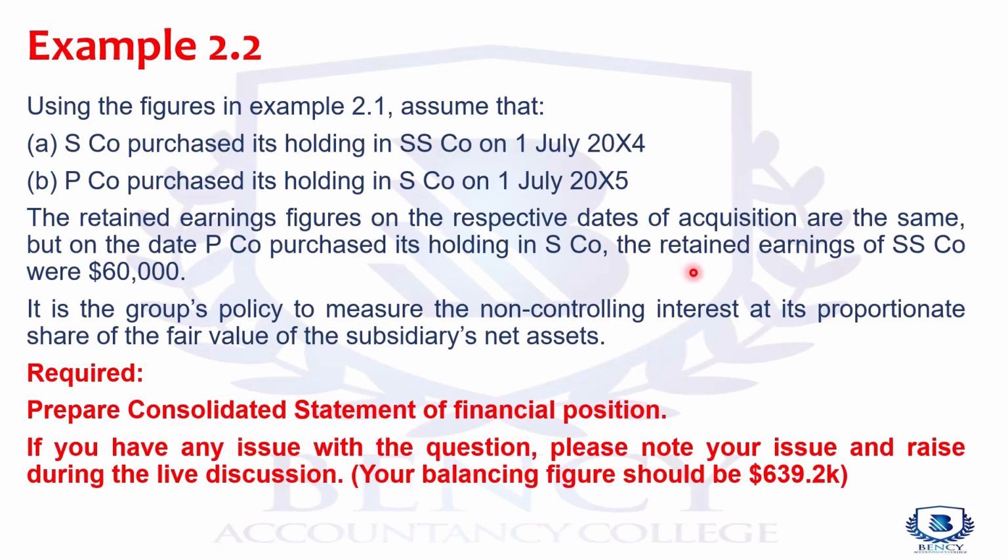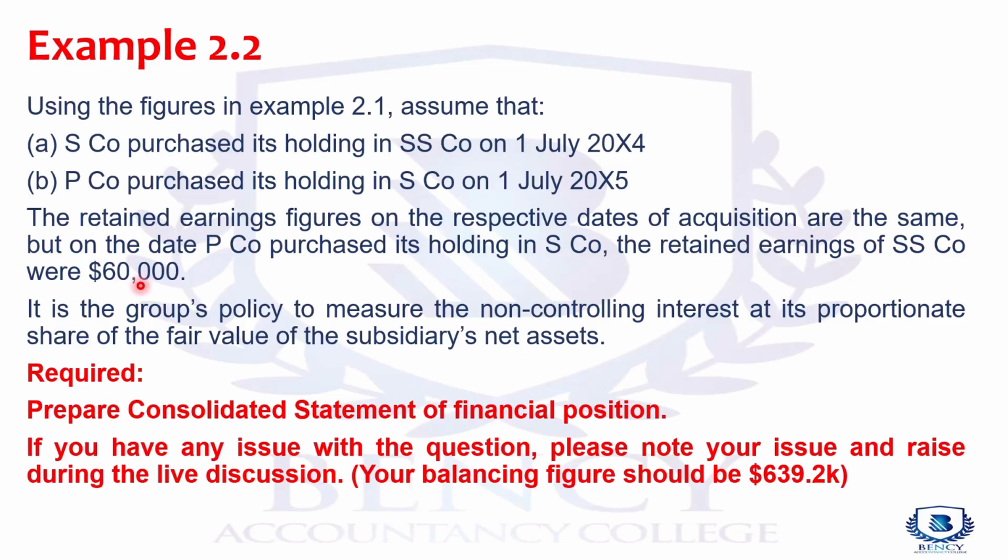that is given to make the question slightly different from what you've seen in the first illustration is the change in retained earnings. The retained earnings figures for the respective dates of acquisition are the same, but by the date that P acquired its holdings in S, the retained earnings of SS were 60,000.